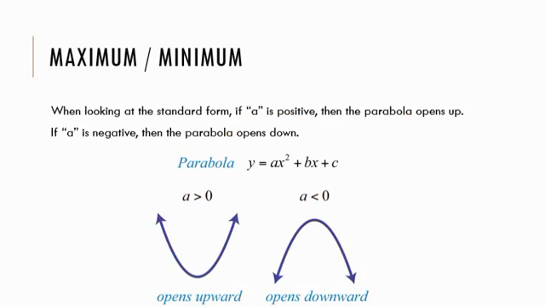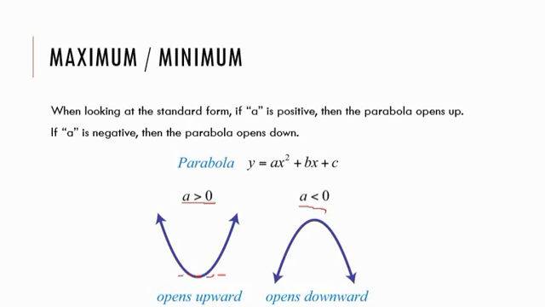Here's just a little more explanation of it. When looking at the standard form, if A is greater than 0, so if A is positive, then it will open up, and there will be a minimum.